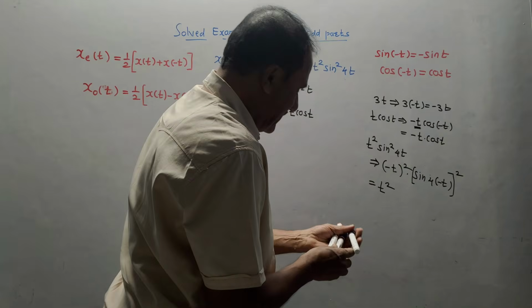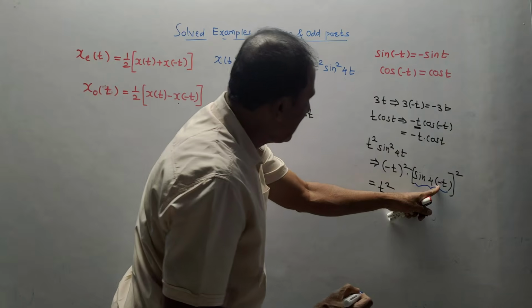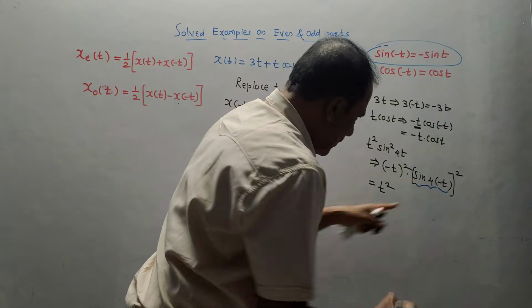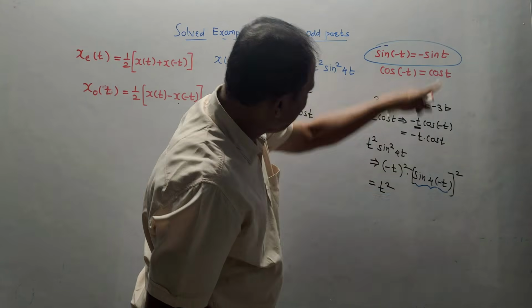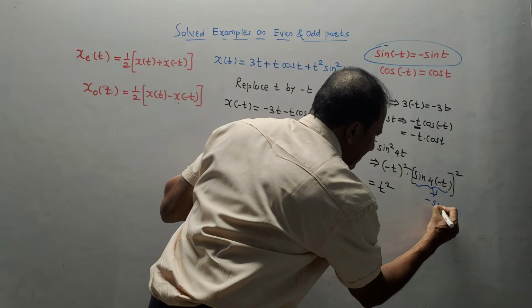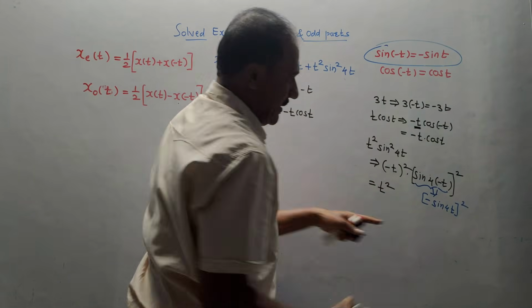Now for this, 4 is a constant, and sin of minus t is basically minus sin t according to this identity. So sin of 4 of minus t is minus sin of 4t. This term becomes minus sin of 4t, but it is in a bracket square.